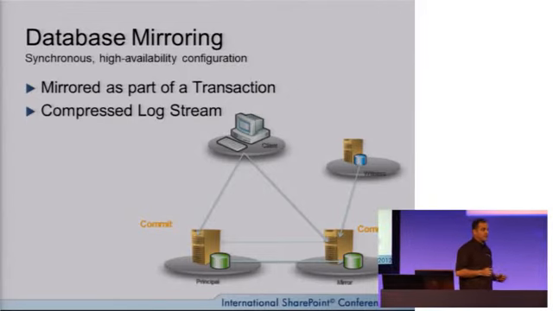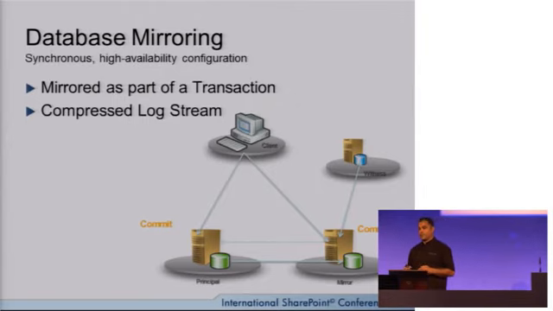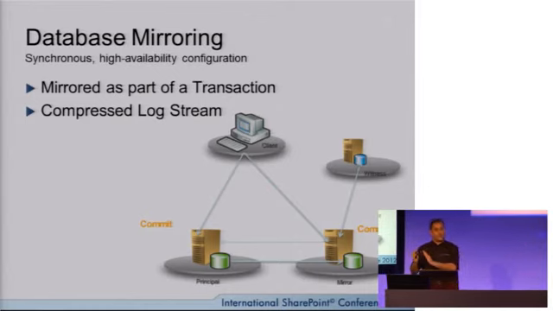Basically there's a 2 millisecond network latency round trip. So if you want to do database mirroring, you've got to take a very close look at your network latency speeds: 1 millisecond from the principal across to the mirror, and then another 1 millisecond back.